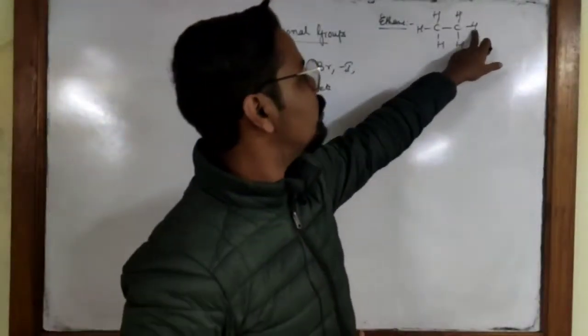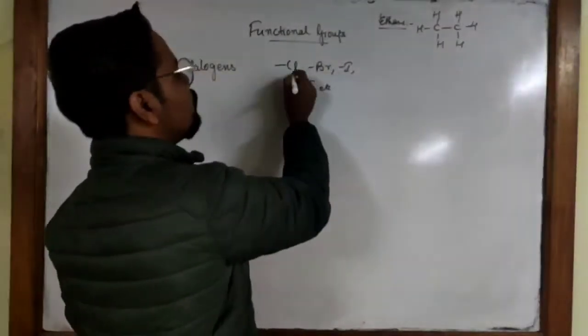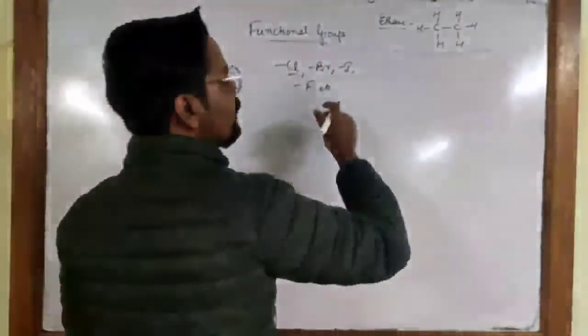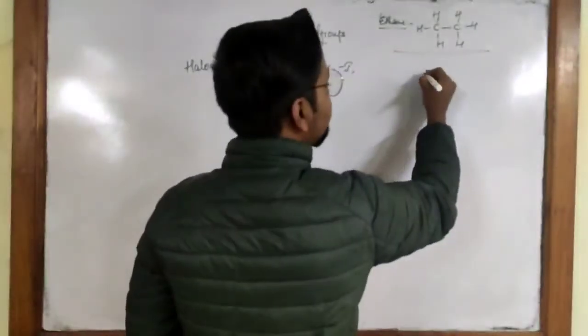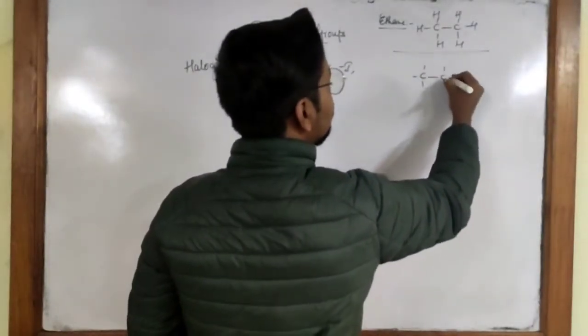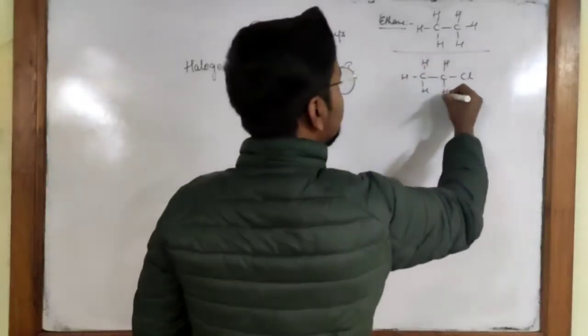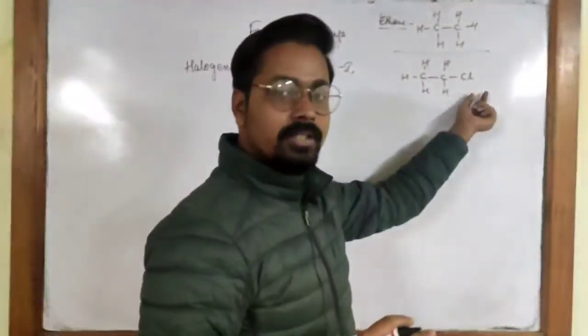So let us suppose we remove the last hydrogen atom, and suppose I want to add chlorine. So this is ethane, right? I am replacing this hydrogen with this chlorine. So what does the compound become? Here we have attached a chloride.